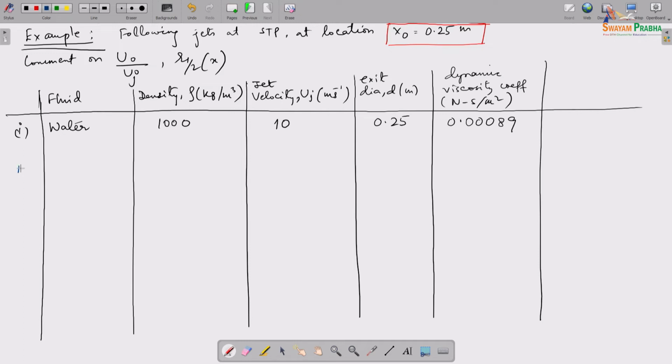The second one is air, density is 1.32, jet velocity is 100, exit diameter, and nu is 1.205.